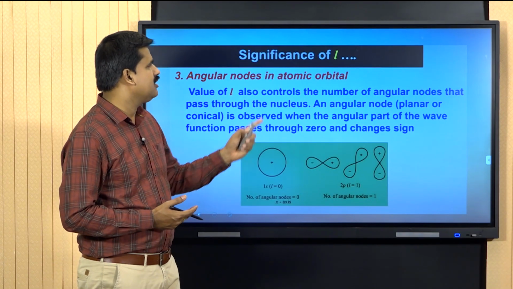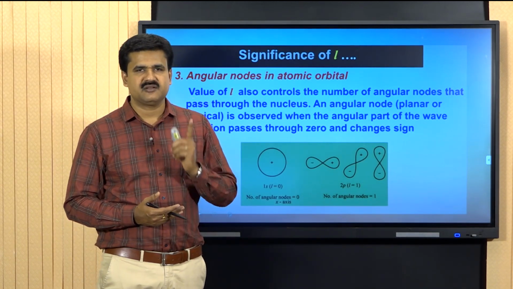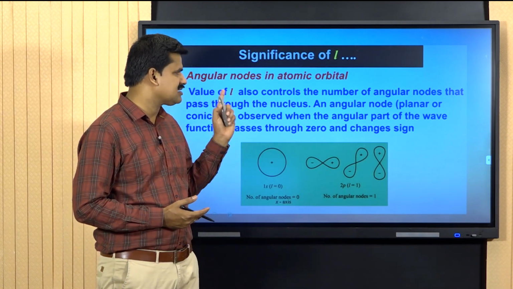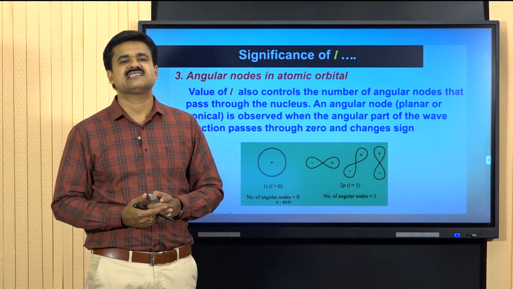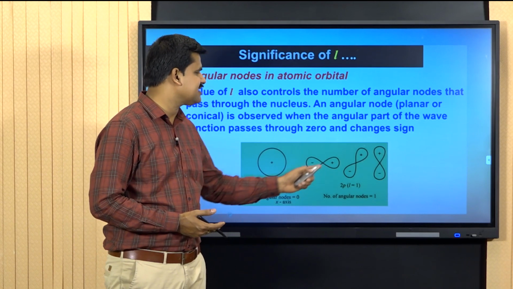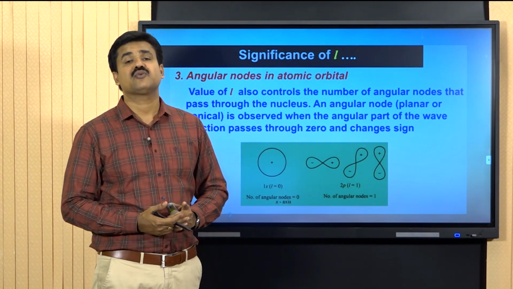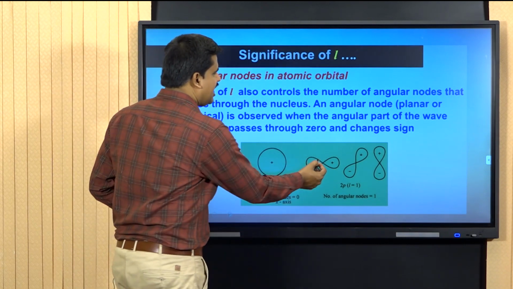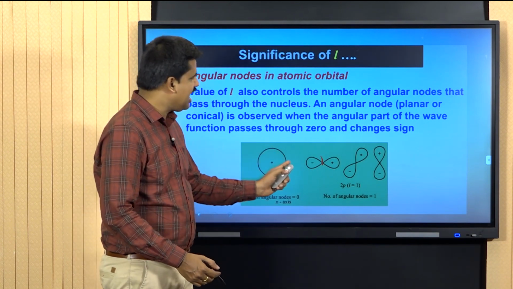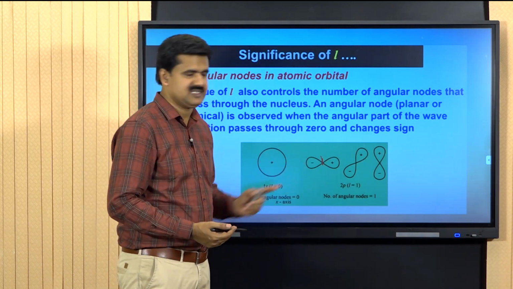An angular node or a planar node or a conical node is observed when the angular part of the wave function passes through 0 and changes its sign. Here these are p orbitals, and for p orbitals l is equal to 1 and l is same as number of angular nodes. Here at this portion the value of the wave function is equal to 0, and after that the sign of the wave function changes from minus to plus.